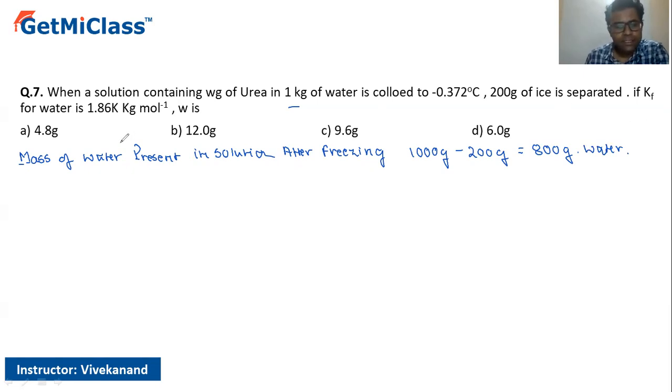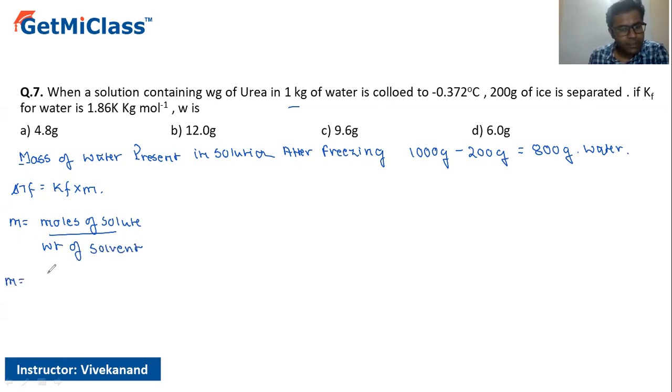So the second point that we need to know is about the delta TF, and that is equal to Kf into molality. Now, molality M is nothing more than the moles of solute divided by the weight of solvent, right?